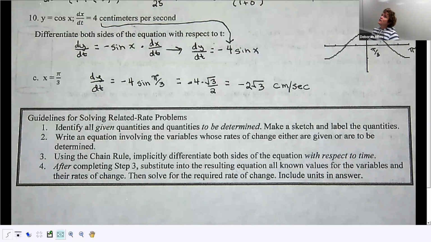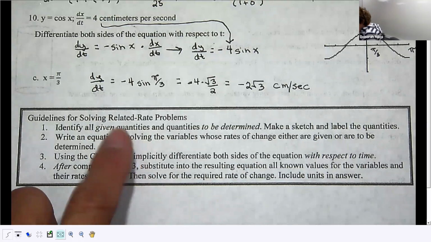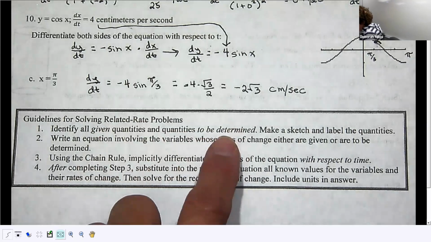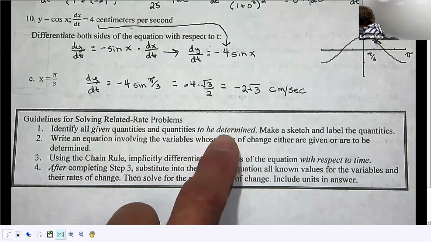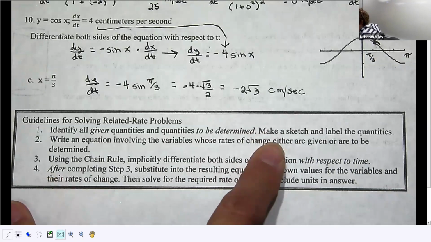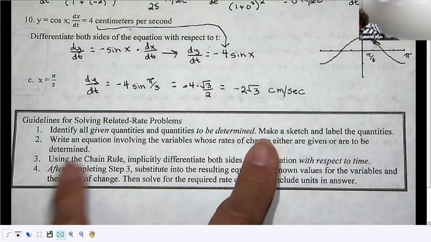And the change in volume with respect to time is dv over dt. So we have to be given certain quantities and certain rates, and we need to label those correctly. Sketches are very helpful when it's something that you can draw. So make a sketch and label the quantities.